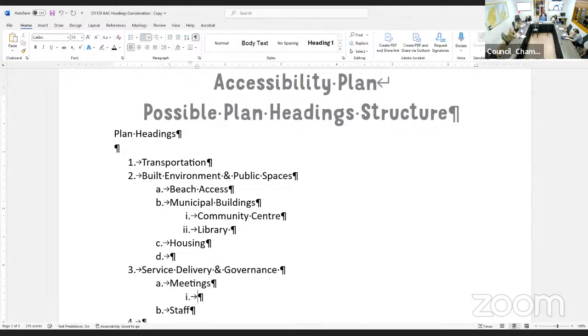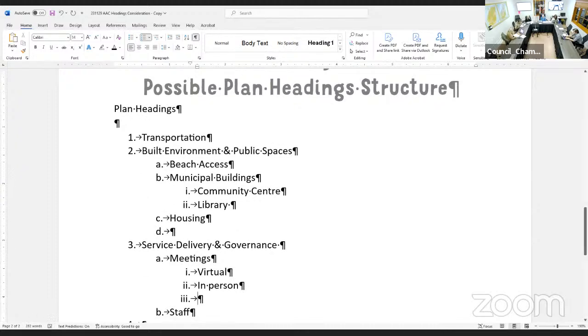Yes, that's a good distinction, virtual versus in person. But another way, to me, if we're going to have an accessible meeting, it's the physical space, it's the technology, and it's the behaviors.